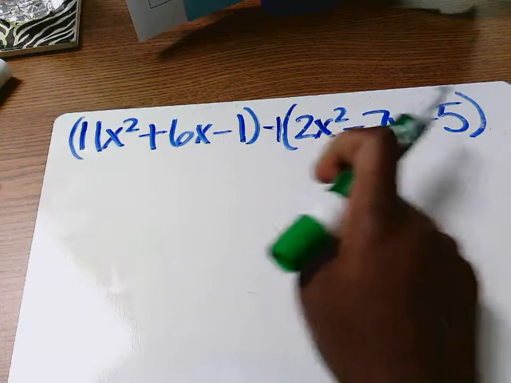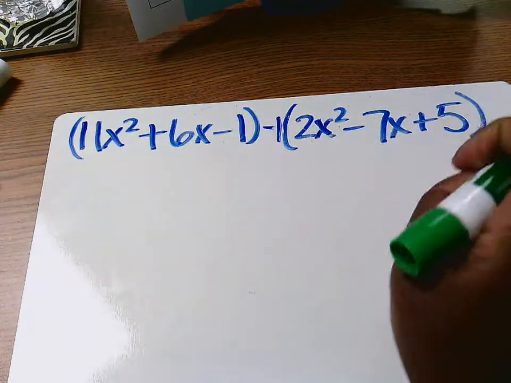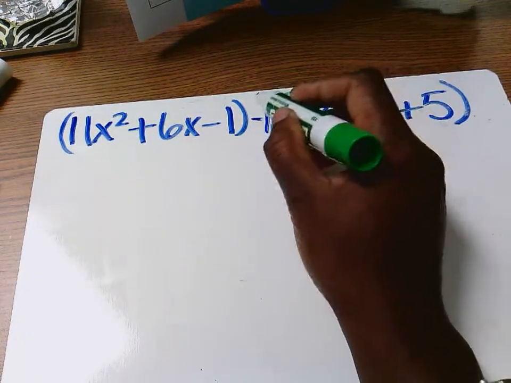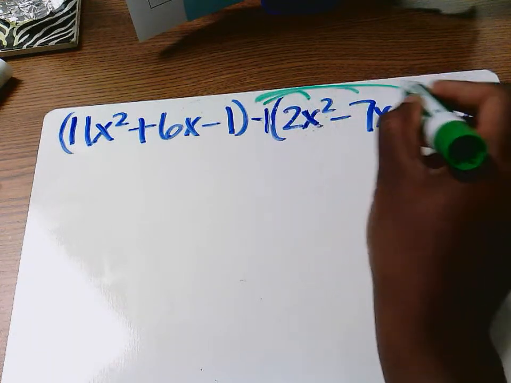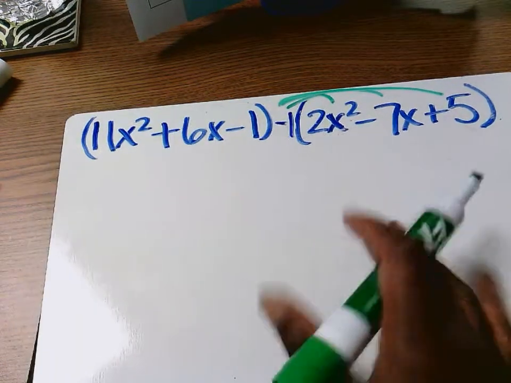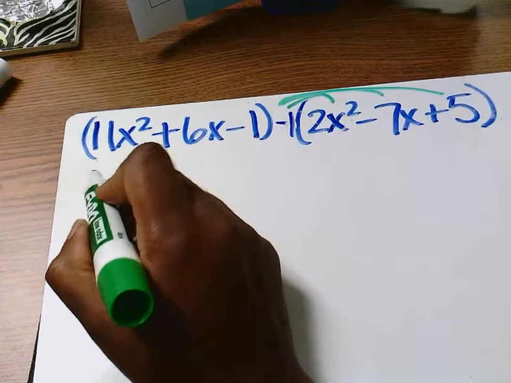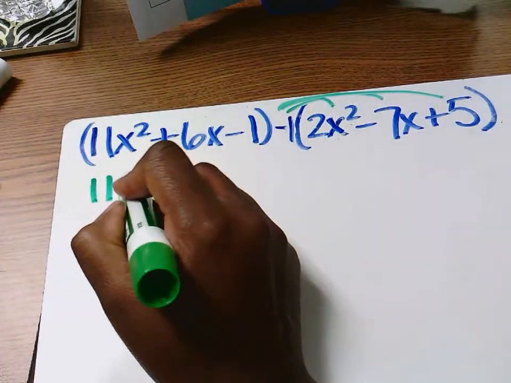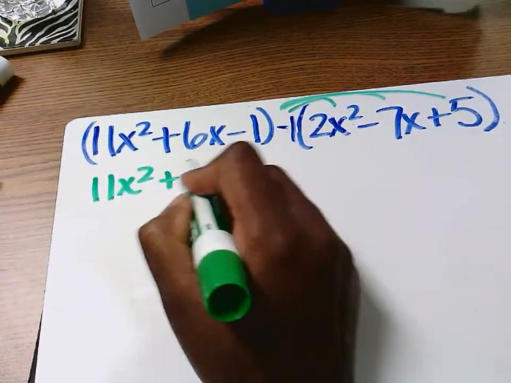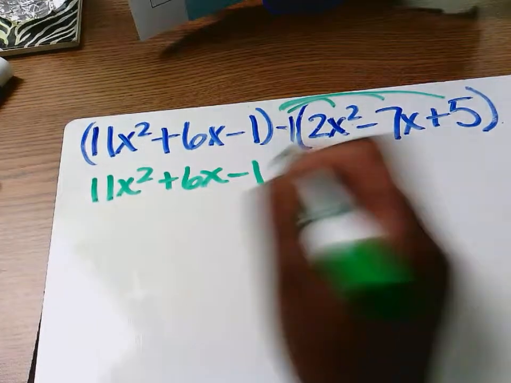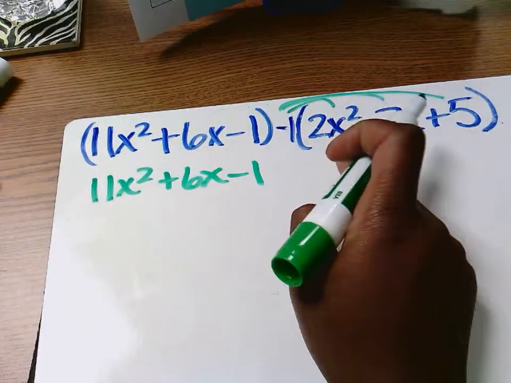Every term in this polynomial should change, okay? So I need to distribute this negative 1 inside of the parentheses. So here's what I'm going to do. I'm going to take my first set and I'm just going to bring it down, my first polynomial. And then I'm going to distribute this negative 1.